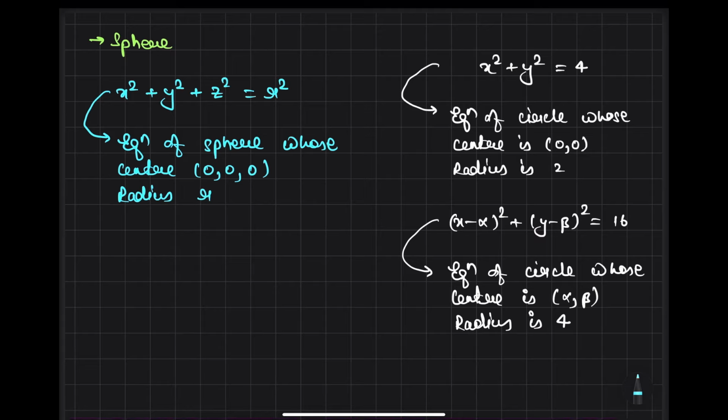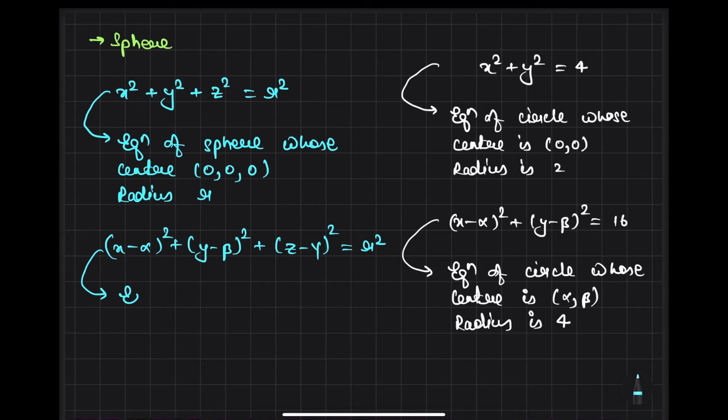Then radius is r. Similar to this, (x minus alpha) whole square plus (y minus beta) whole square plus (z minus gamma) whole square equals r square. So who is this?